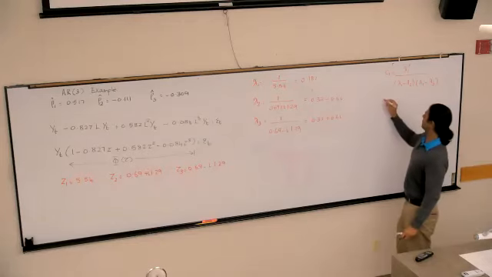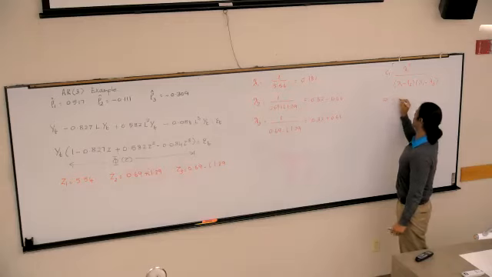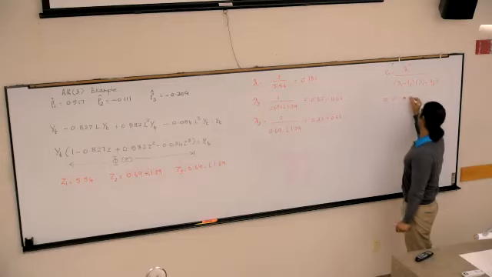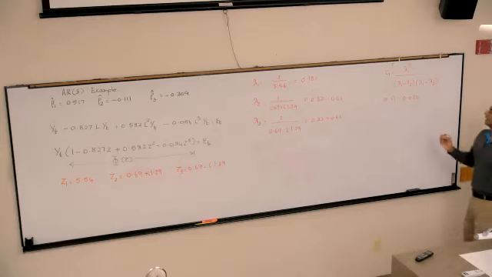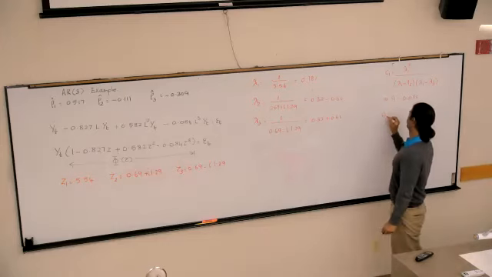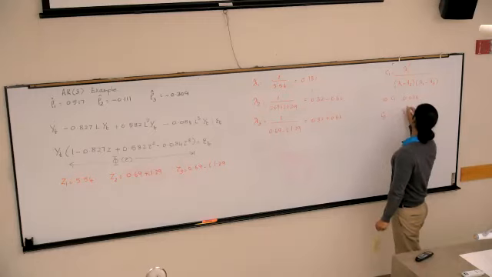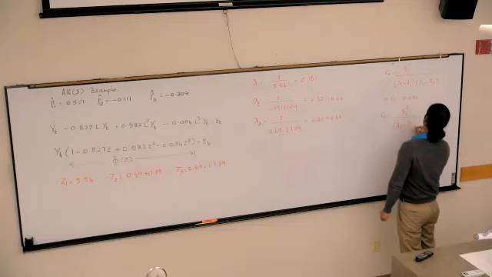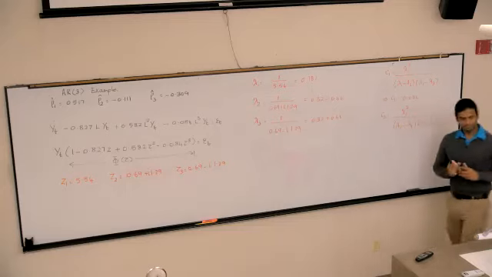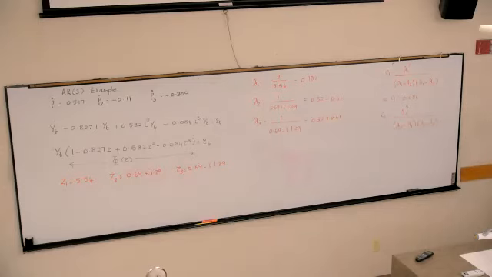So C1 using the calculator ended up being 0.086. That's expected, real. How do we find C2? Lambda 2 squared over lambda 2 minus lambda 1 times lambda 2 minus lambda 3. You all know how to do the magic.